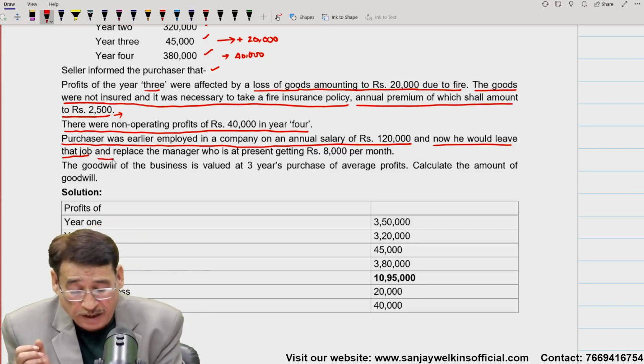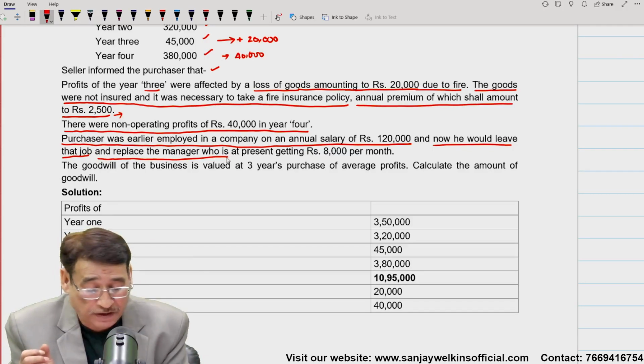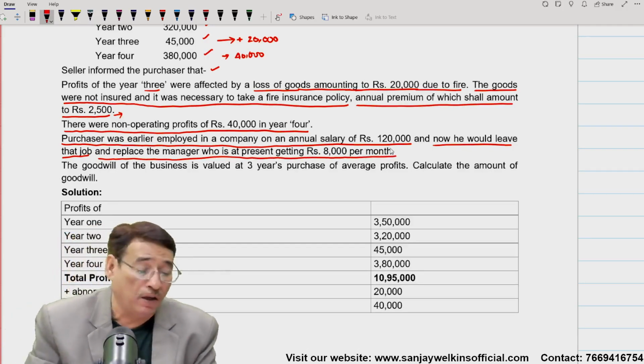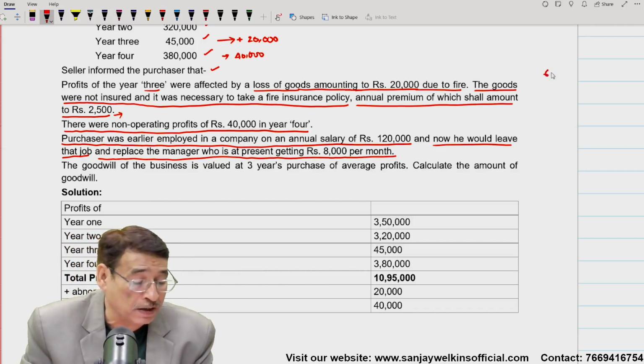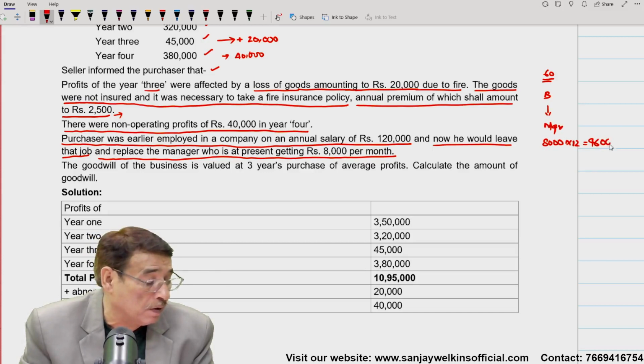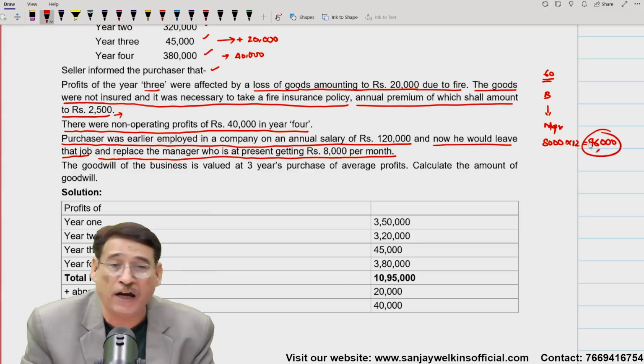However, it is given that he will replace the manager who is at present getting 8,000 per month. Presently, Mr. 60 is having a business, and in this business there is a manager, and this manager is getting a salary of 8,000 into 12, that is near about 96,000.